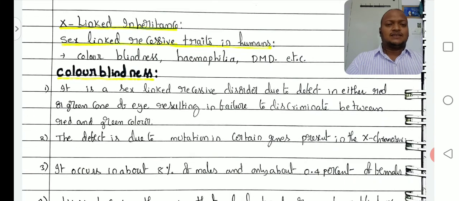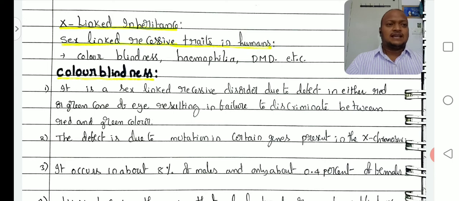Color blindness, first point: it is a sex-linked recessive disorder due to defect in either the red or green cone of the eye, resulting in failure to discriminate between red and green color. Persons suffering with color blindness cannot discriminate between red and green color. What is the reason?